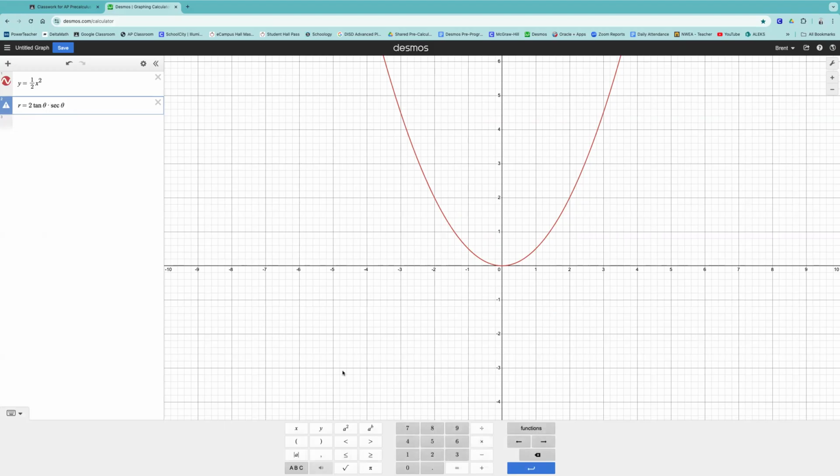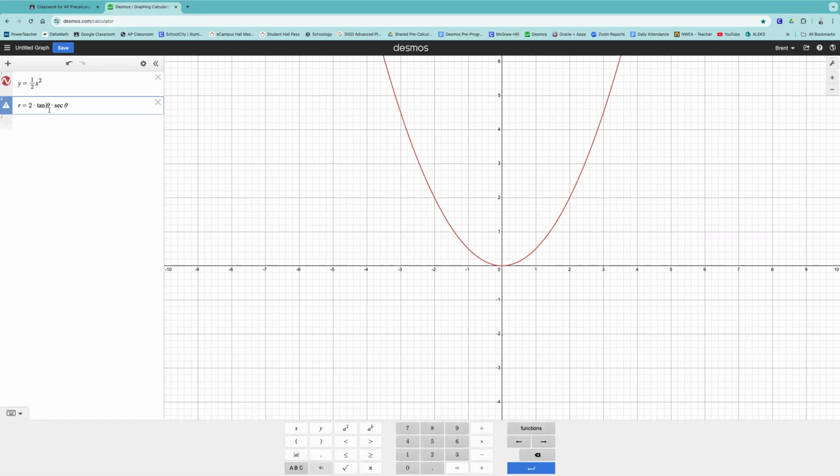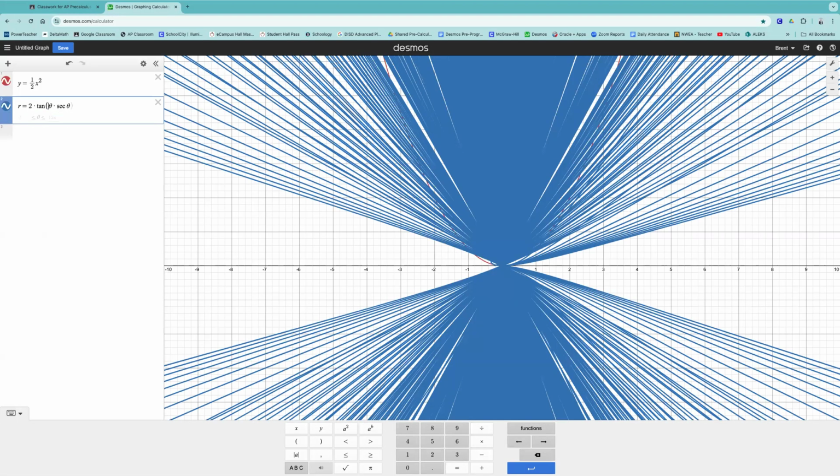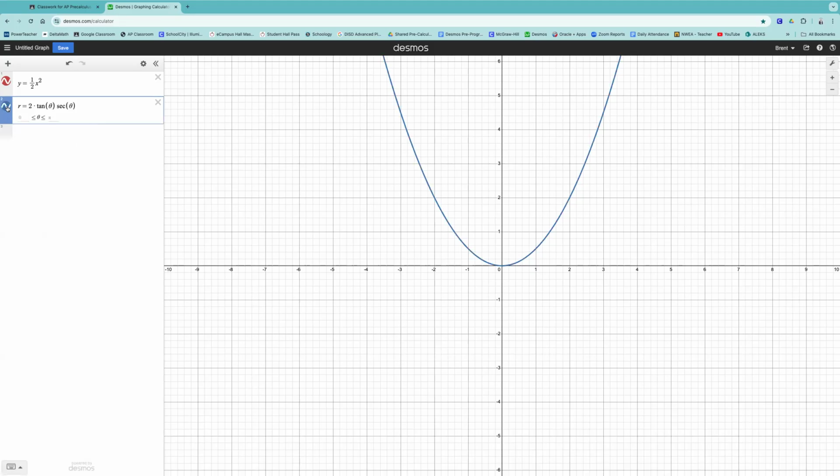What does it say? Put parentheses around the thetas, it says. There we go. And as you can see, the two graphs look 100% the same. So we did do that correctly.